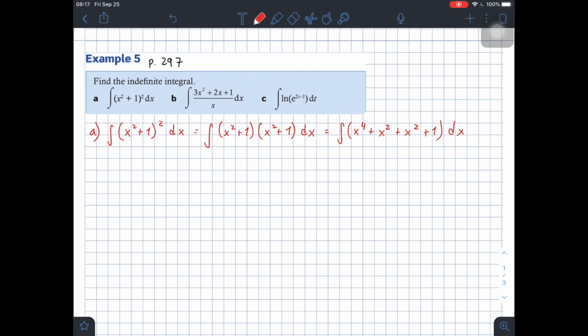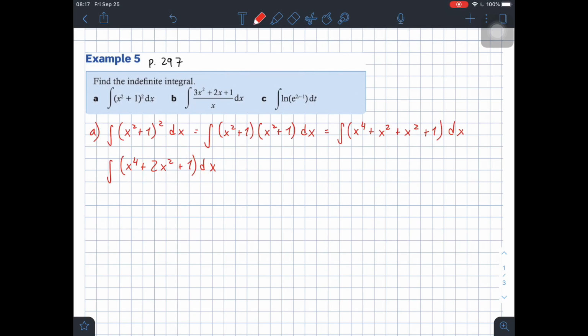So if I simplify this, I see I can add these two like terms. So this would be the integral of x to the 4th power plus 2x squared plus 1 with respect to x, right? And this is an expression that we already know how to find its integral, right? We can just separate the terms and find the integral of each of these terms separately, right?